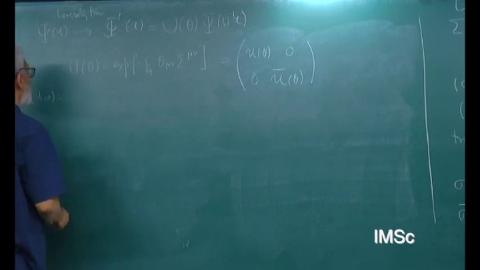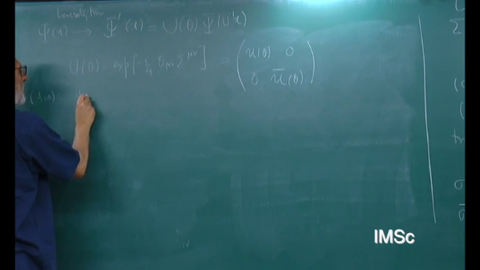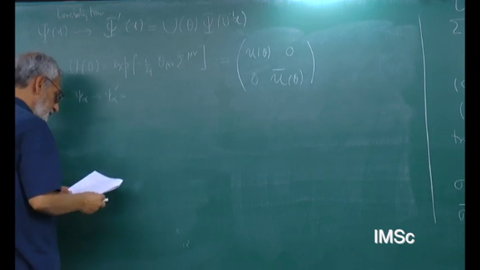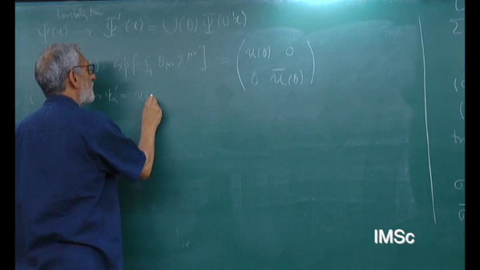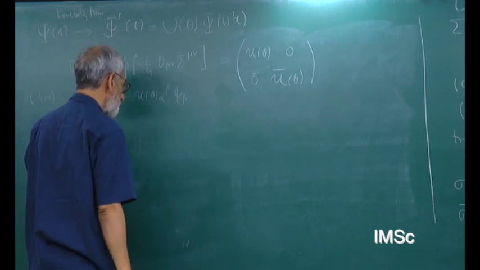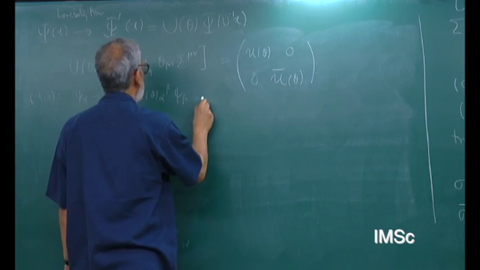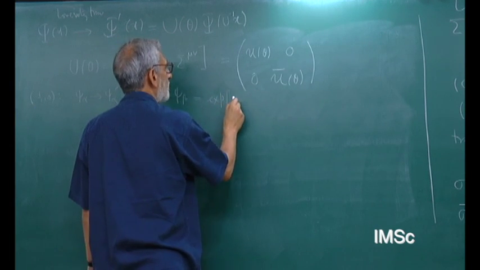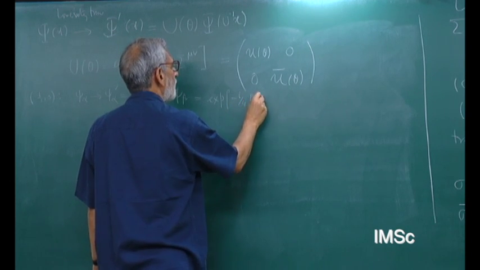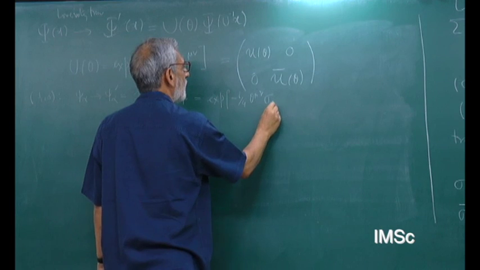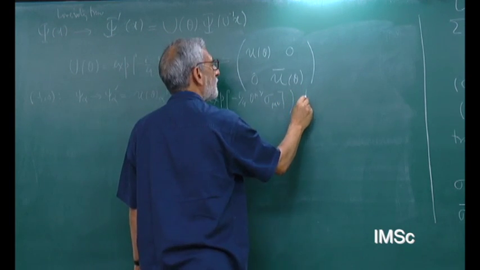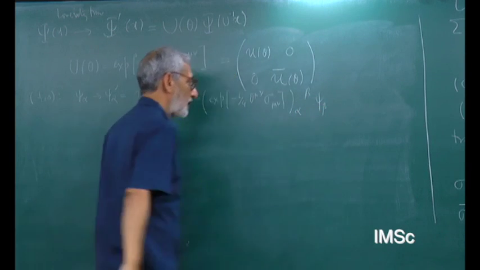That is, in the half 0 representation, psi alpha transforms as psi alpha prime, which is u of theta alpha beta psi beta, and that is the exponential of minus i by 4 theta mu nu sigma mu nu alpha beta psi beta.